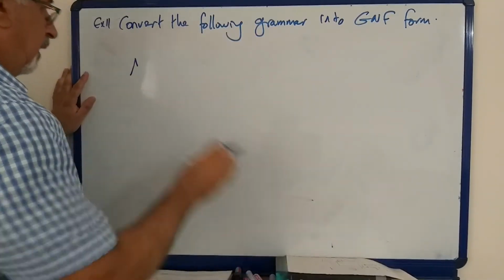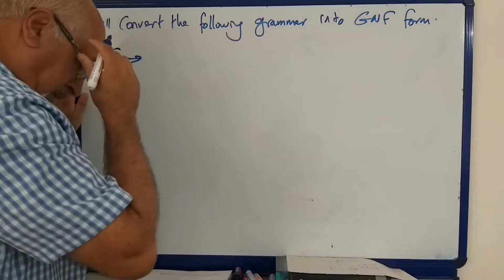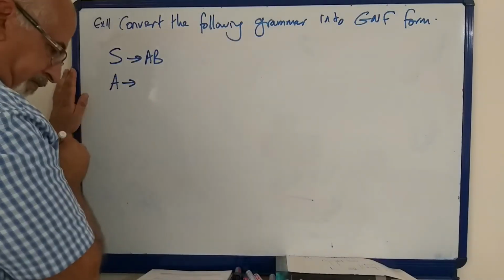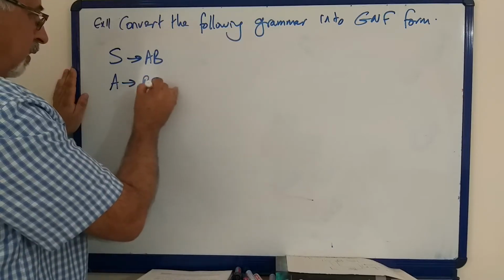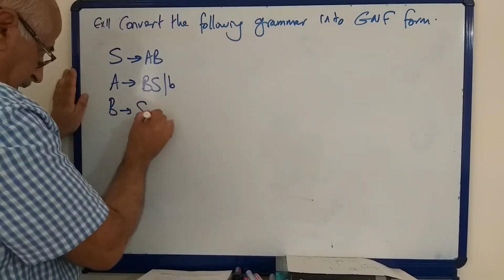Okay, the grammar is S gives AB, A gives BS or B, and B gives SA or epsilon.